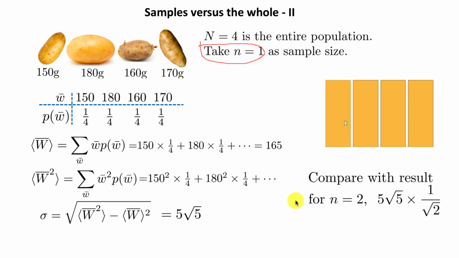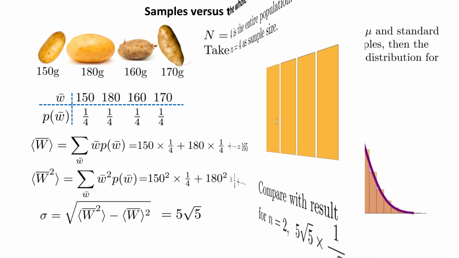Compare this with the result that we just got for taking a sample size of 2. So what we found is that the result is the standard deviation for the population multiplied by 1 over square root of n. The reason for this 1 over square root 2 is going to come from the central limit theorem, but that's for later.